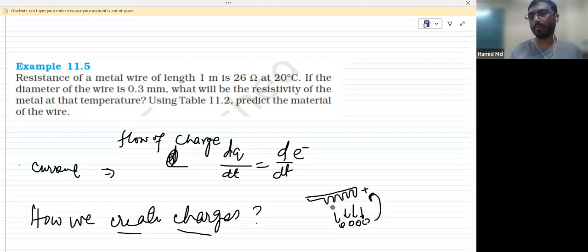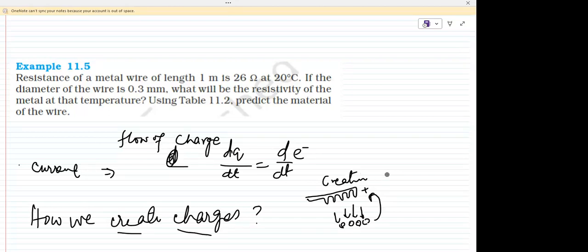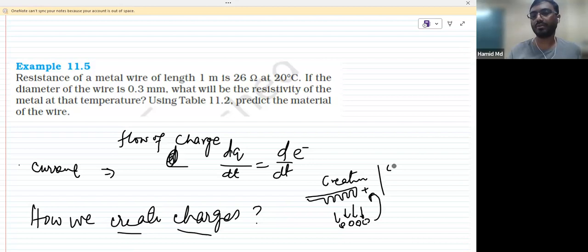So when we rub the comb with our dry hair, charge gets created. This is the creation of charge. We may also rub a glass rod on silk, and there will be charges on the glass rod, right?